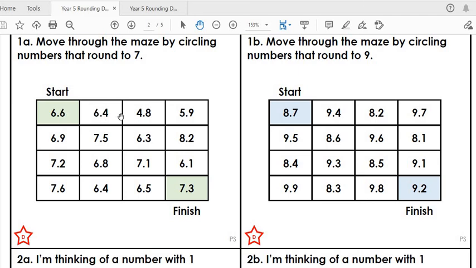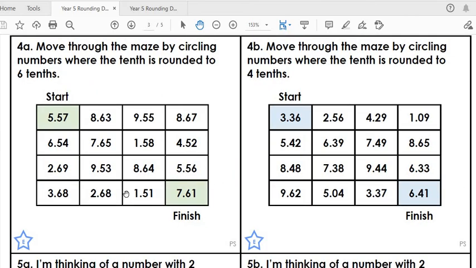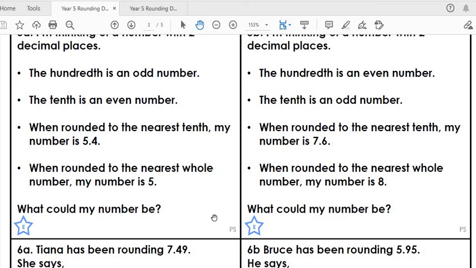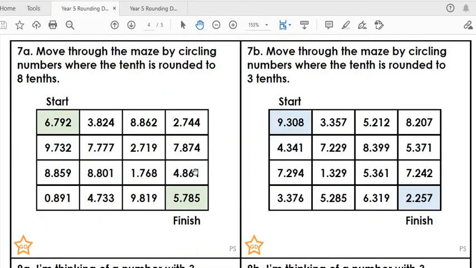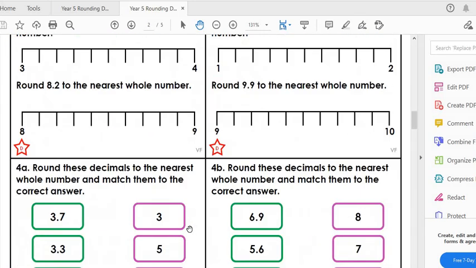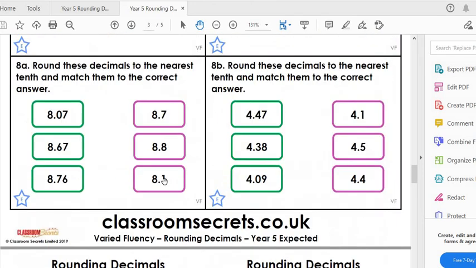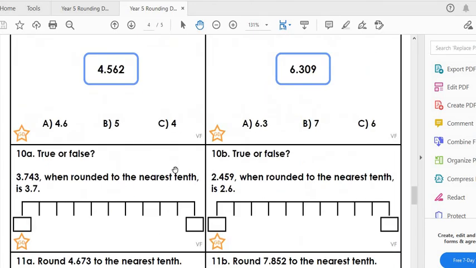You can just write the numbers that you pass through to get to the answer. Here, silver and gold challenge if you normally do that, and your platinum challenge is at the end. And the same here, bronze, have a go, silver, here you go, and gold, and then your platinum challenge is there.